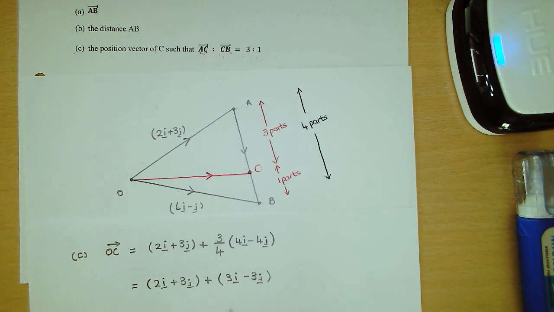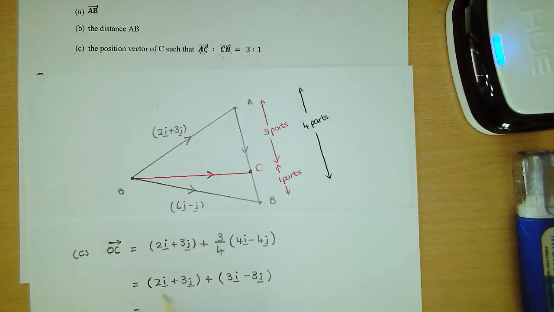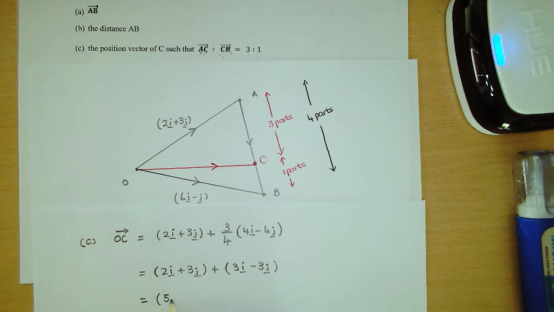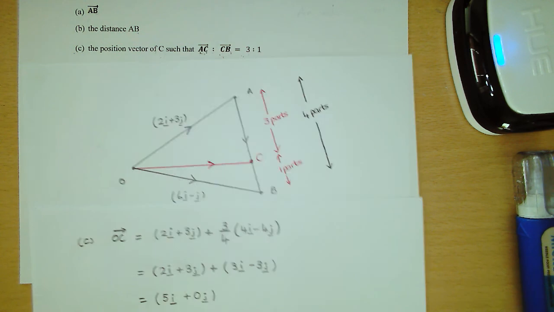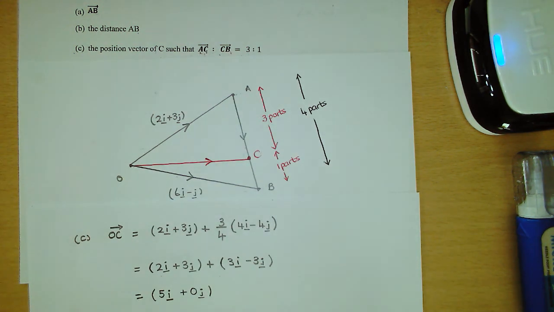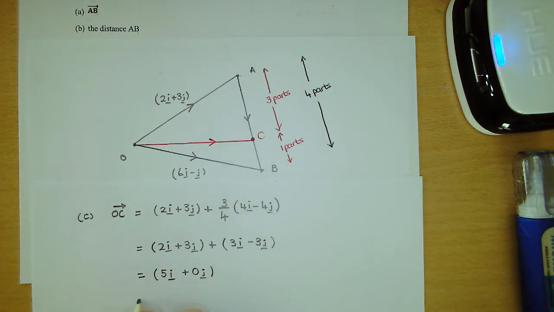Then we just add the i components. So 2i plus 3i is going to give us 5i. And then we're going to have 3j minus 3j, which is 0j. We could leave it like that, or just ignore the j component because it doesn't have one. So our final answer would just be 5i.